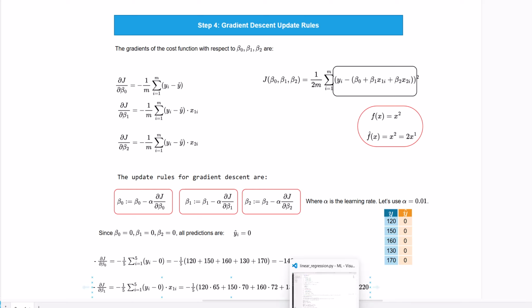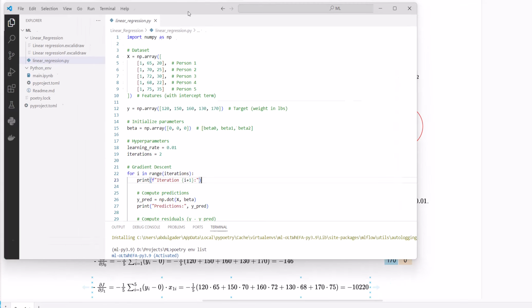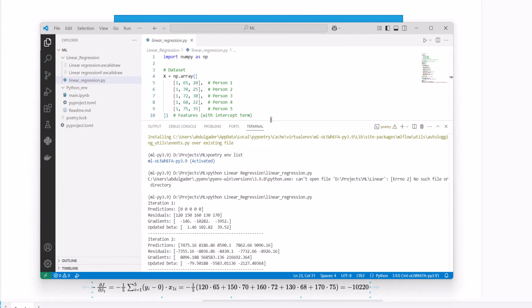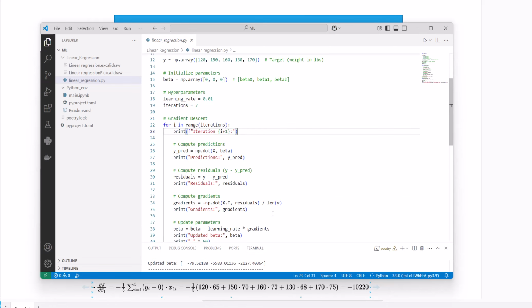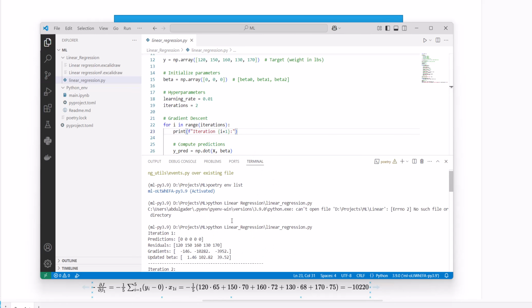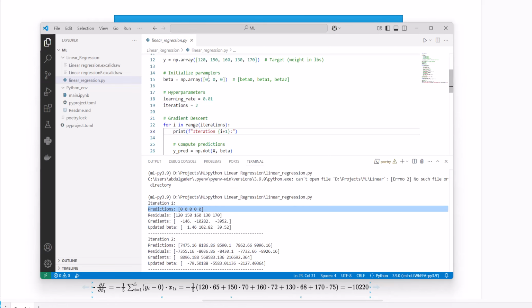And I also have the same example here in Python code. And of course, I will attach this with the video description. As you can see here, this is for example the prediction of 0, 0. In the beginning beta was 0, 0, 0.